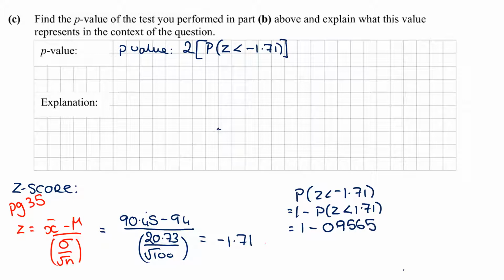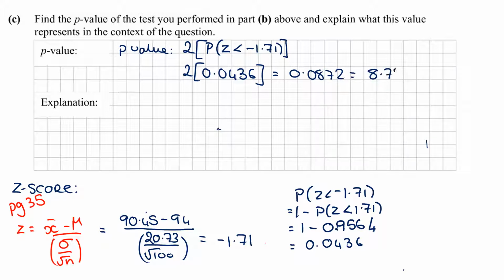There's a few different videos linked in the description which will show you how to work through z-scores and the idea of converting from a negative to a positive, and how we can use the idea of symmetry and so on. So this works out as 0.0436. So the p-value is twice 0.0436, which works out as 0.0872, which works out at 8.72%. Okay, so that's my p-value.